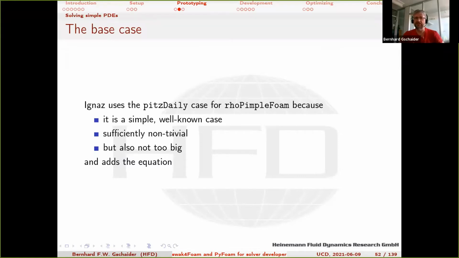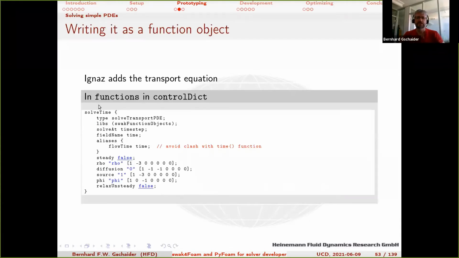It's simple, sufficiently non-trivial, and not too big, so you can easily do experiments with it. So to add the transport equation, he goes to the controlDict and adds a function object there. Basically, the function object is solveTransportPDE.